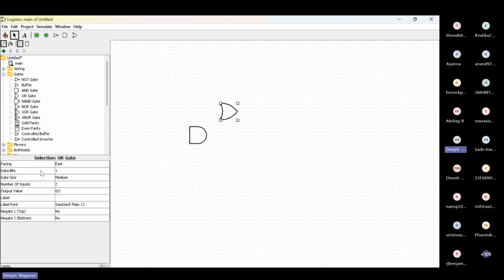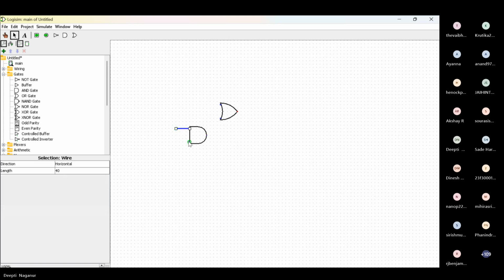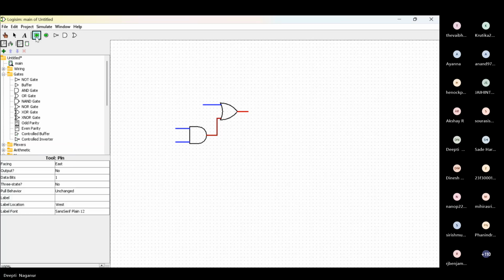Hope the screen is visible, and I will connect. In this, the square icon is used to provide an input, and this circular icon is for the output. So this will come here.